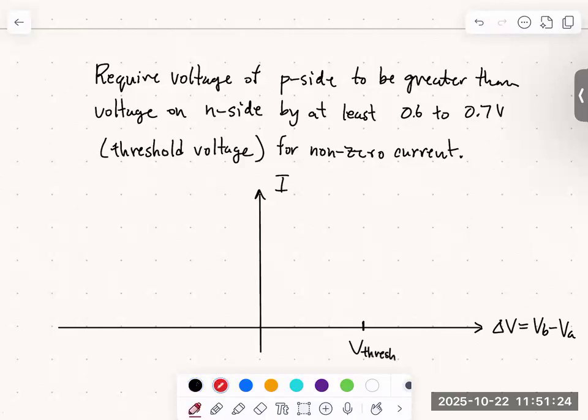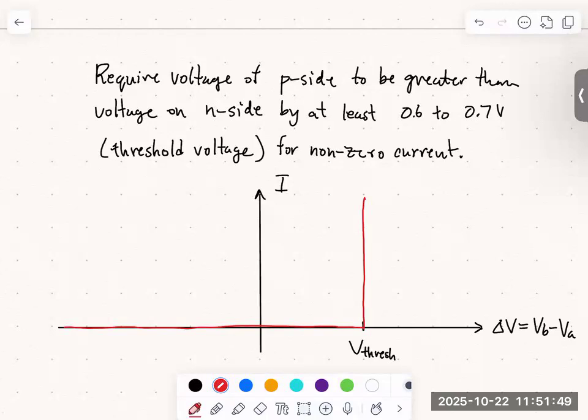Threshold voltage right there. And anytime we're less than that threshold voltage, the current will be 0, and then the current jumps up after we exceed that threshold voltage. And again, the exact value of the current that we're going to get will depend on other components in the circuits, like resistors and batteries and so on that are downstream.